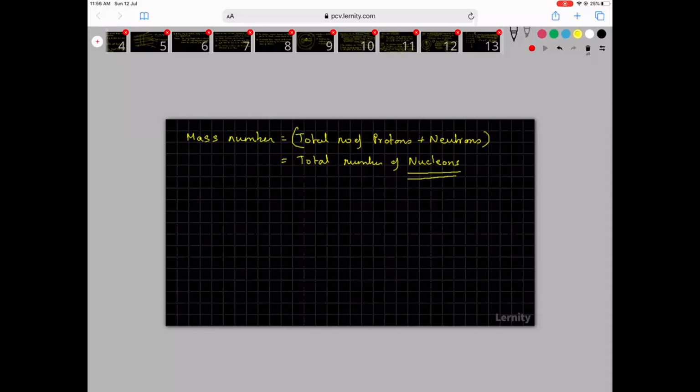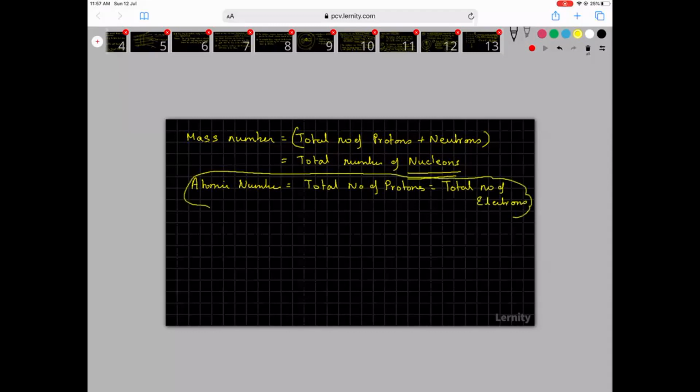So mass number is the total number of nucleons. Atomic number is the total number of protons, which is equal to the total number of electrons. So that is different, this is different.